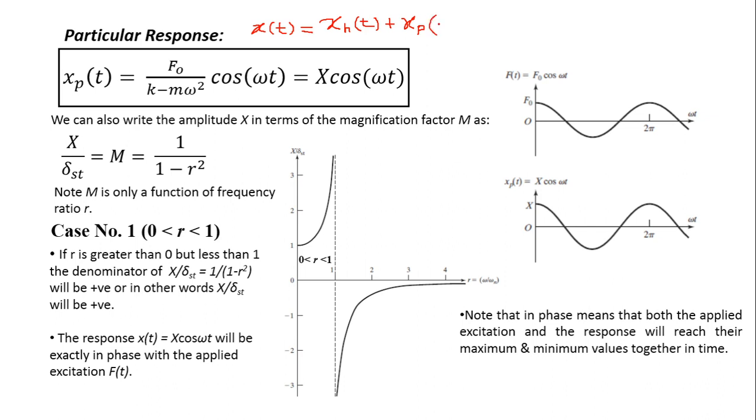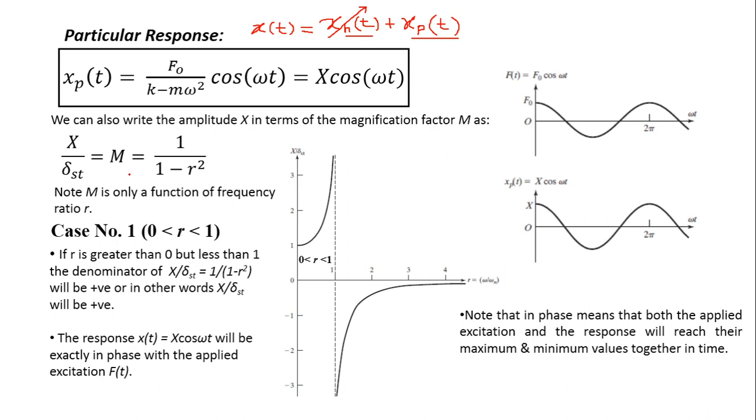It might be such that this response takes a very long time to decay, and in that scenario it will be important to include the homogeneous solution in the total solution. But for the time being, we consider this part not important, and we say that the particular response is x p of t, which is this value.